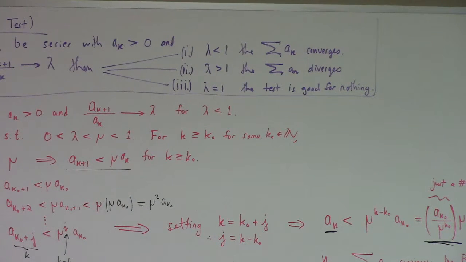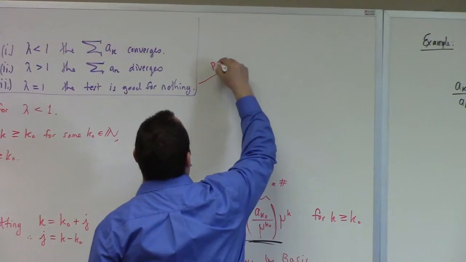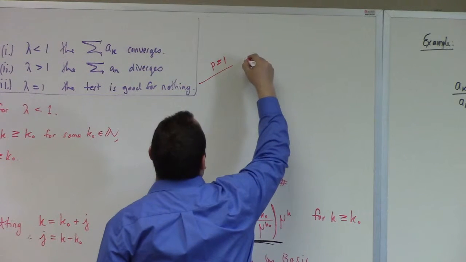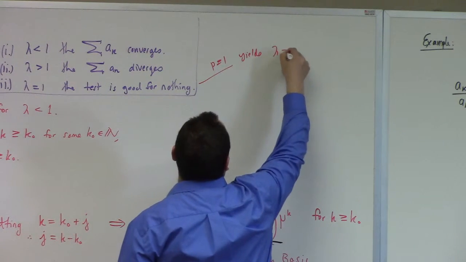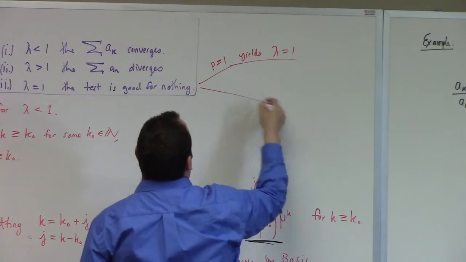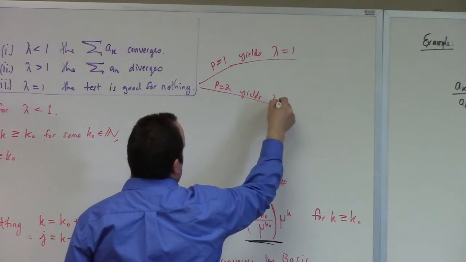And then, you know what's going to work for the inconclusive case? You can try p equals 1, which yields lambda equals 1, and p equals 2, which yields lambda equals 1.